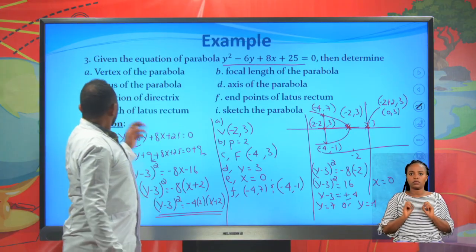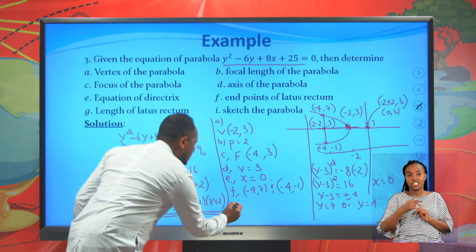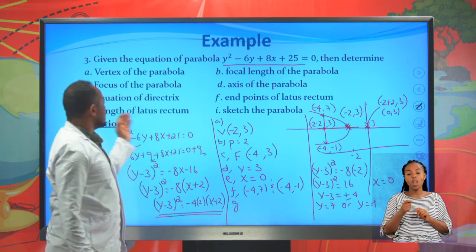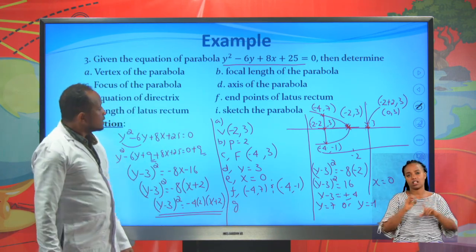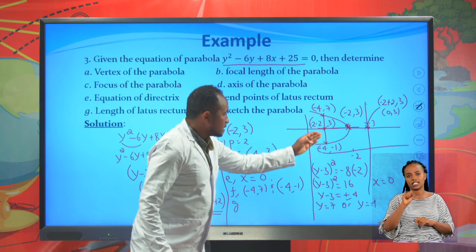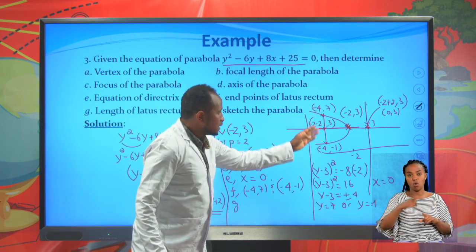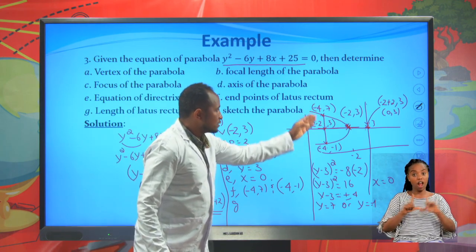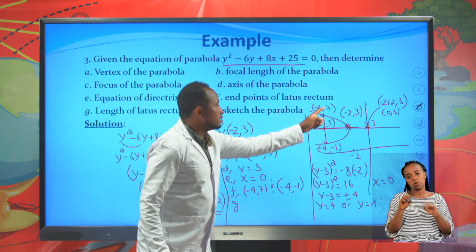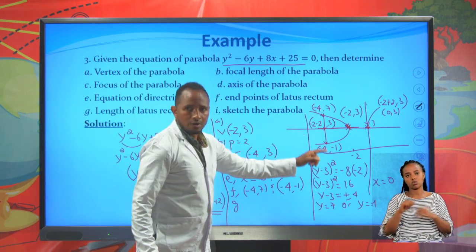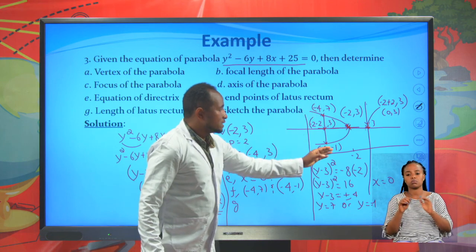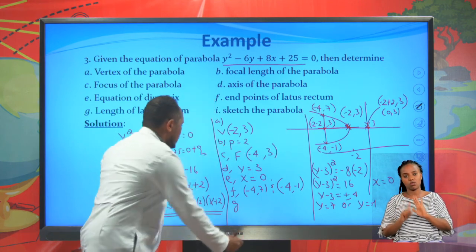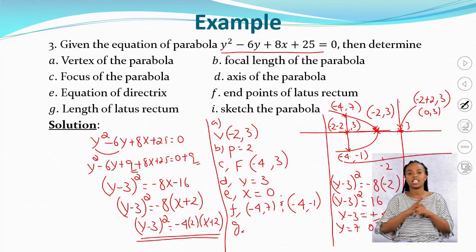Okay, G, we are asked to find the length of latus rectum. The length of latus rectum, this distance, since it is a vertical line, x coordinate is constant, so you can take the difference between y coordinates. So 7 minus negative 1 gives you 8. So the length of latus rectum will be 8.